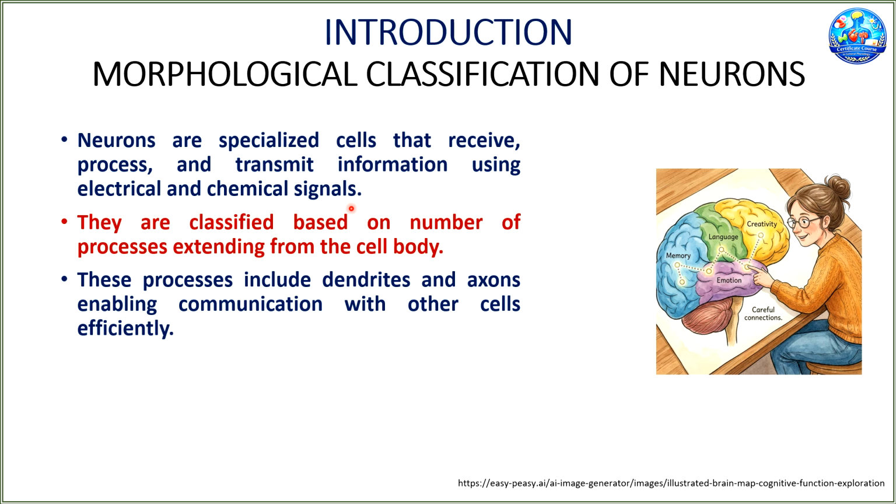One of the primary ways that neurons are classified is based on the number of processes or projections that extend from the cell body, which is also called the cyton or soma. These processes play a crucial role in communication as they enable neurons to connect with other nerve cells, muscles, or glands effectively.